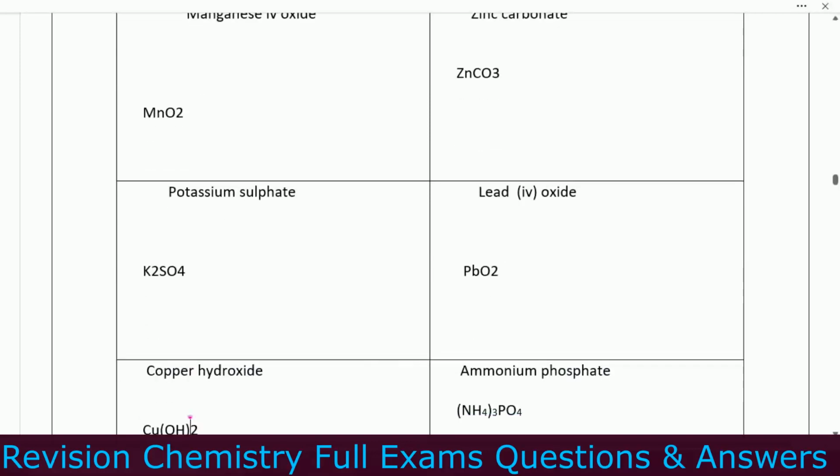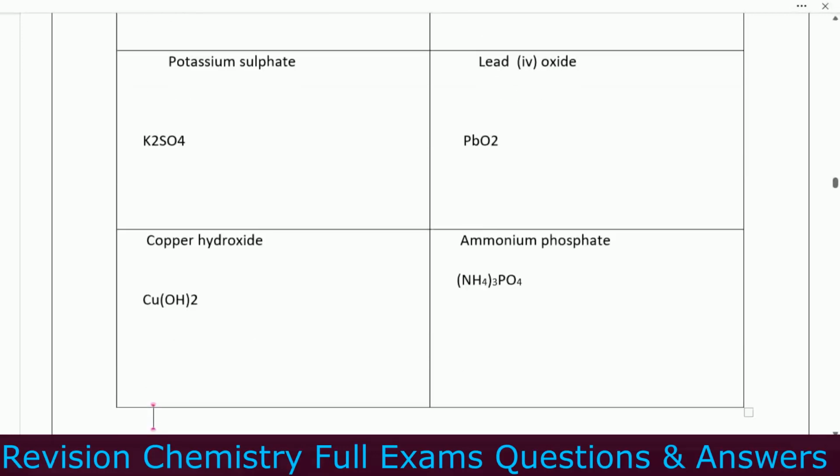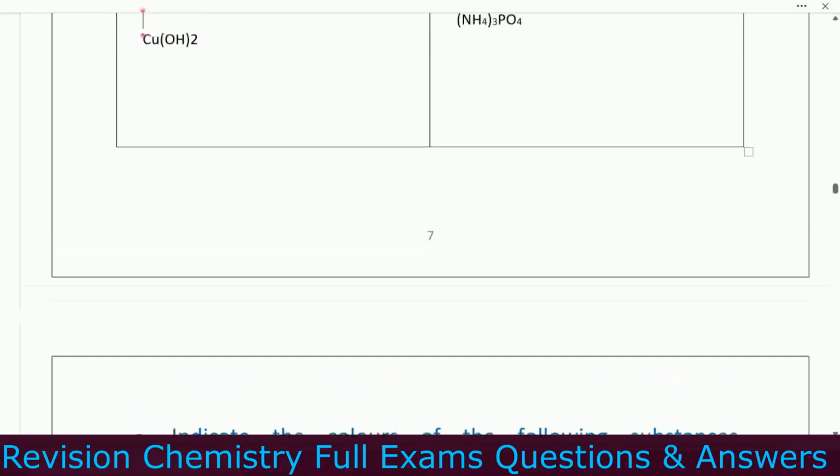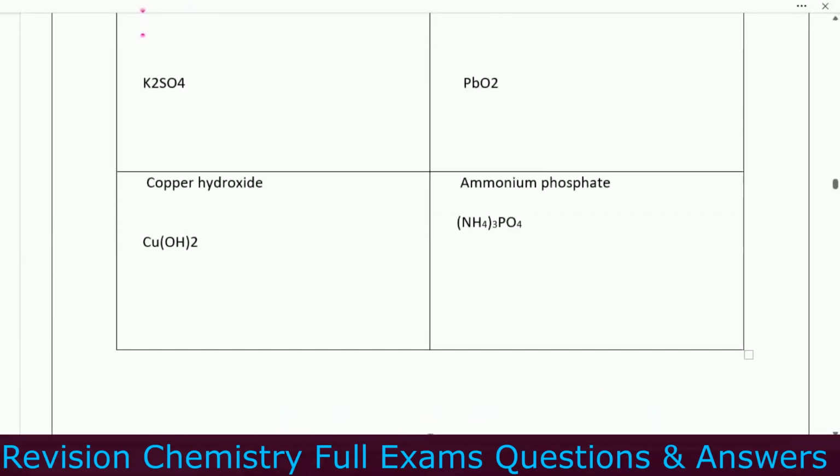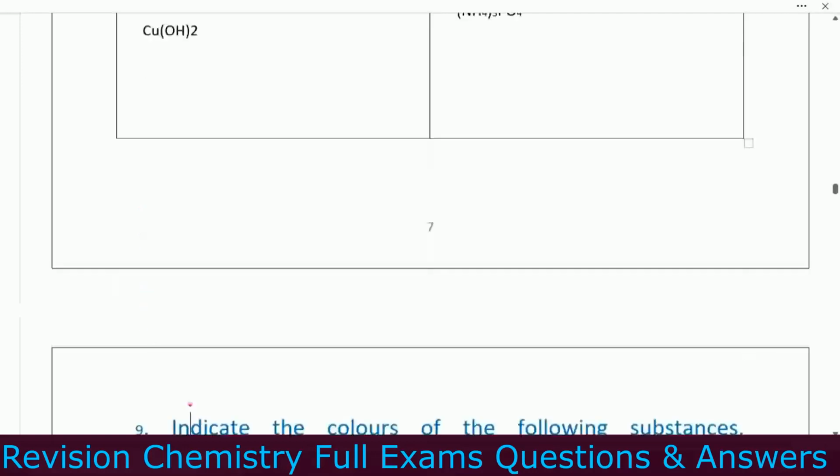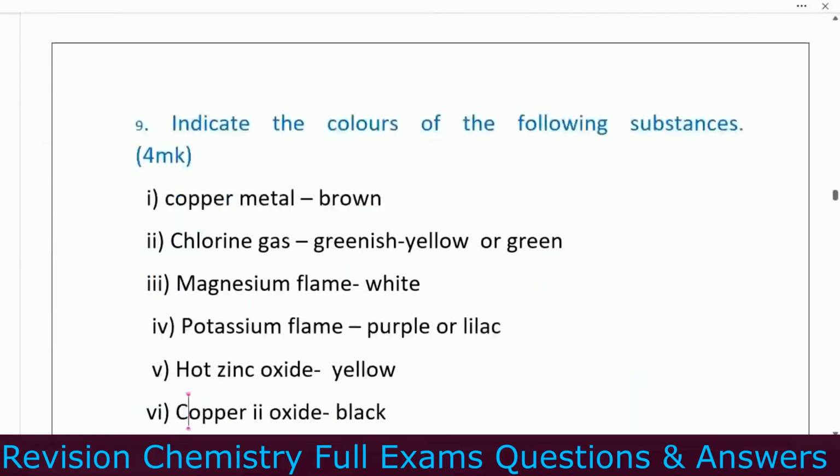Potassium sulfate, that is how you write it. Lead(IV) oxide, that is how you write it. Copper hydroxide, that is how you write it. Aluminium phosphate, that is how you write it. Ammonium phosphate.